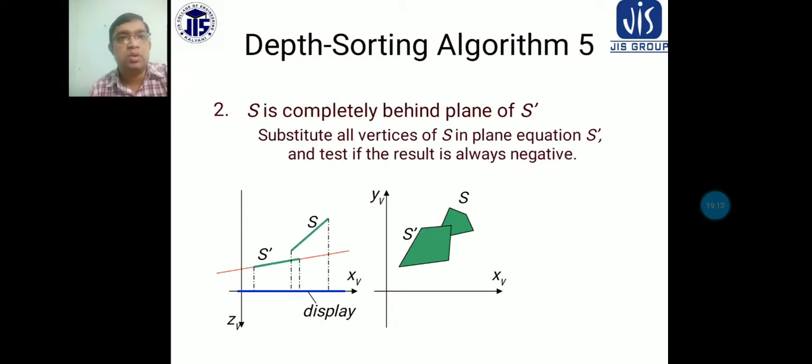And depth sorting algorithm 5, test 2: S is completely behind the plane of S dash. That means substitute all vertices of S in the plane equation of S dash, and test if the result is always negative.